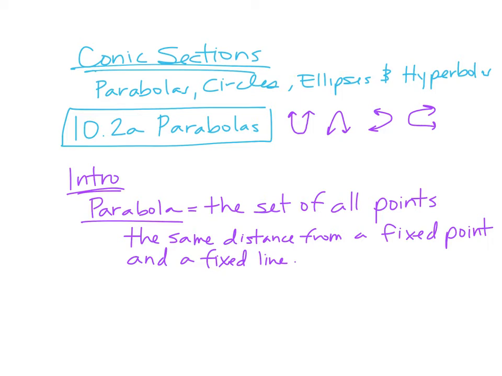We call the fixed point that we're going to be talking about a focus. And then the fixed line is called the directrix. Okay, directrix. So I'm going to show you a general graph of a parabola and the different pieces that come into play with it.